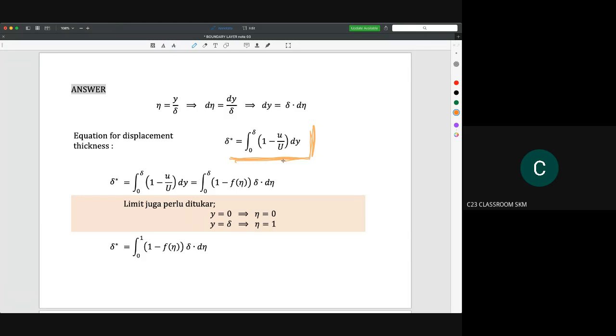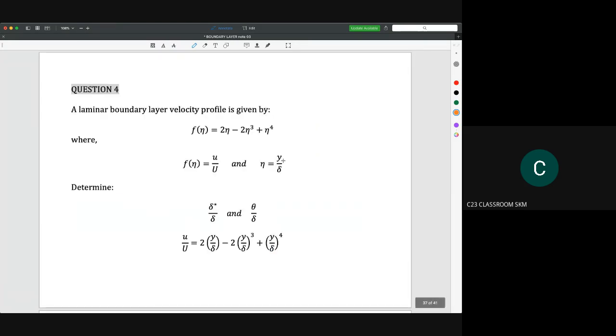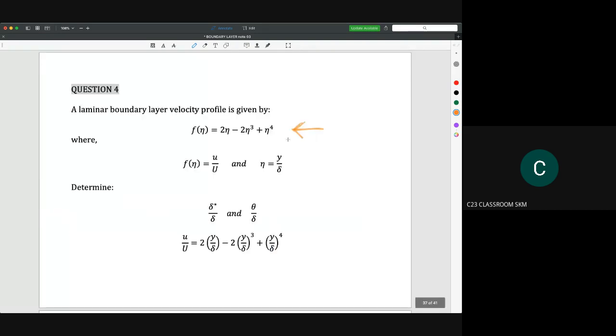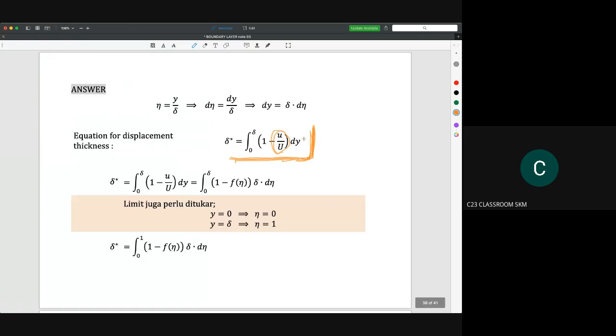But if your velocity profile, in this condition, doesn't have any terms in y or in delta, we cannot use this equation, because it has u over U. So we need to transform this delta star equation, which has 1 minus u over U dy, into an equation that has eta. So the answer is like this.